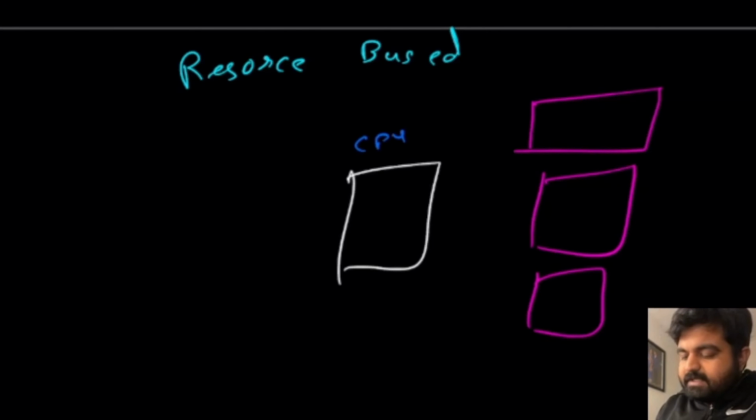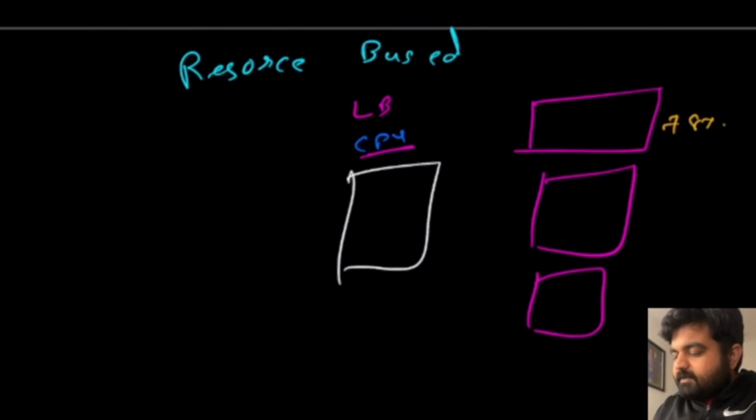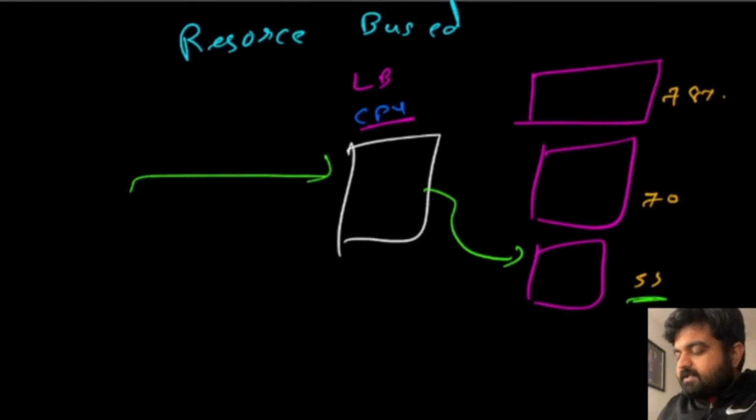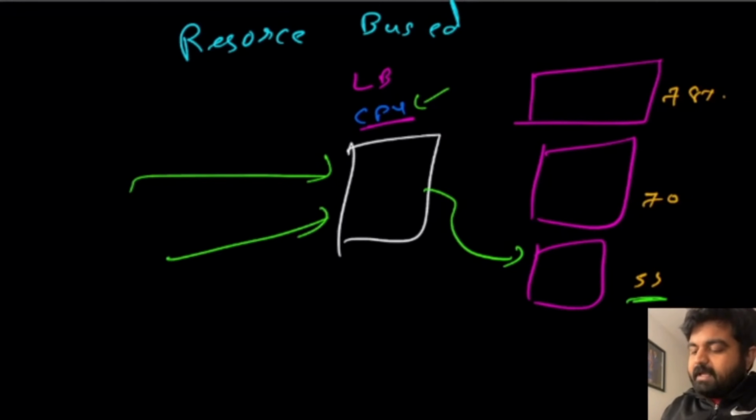So this is our load balancer, and the load balancer knows the CPU usage for every single server. Let's say this one has 78% usage, this one is 70%, and this one is 55%. So whenever a new request comes in, because this one has the most resources available, the new traffic is going to be routed over here, and then again it is going to do the computation for the next incoming traffic, and maybe it can go to some other place.